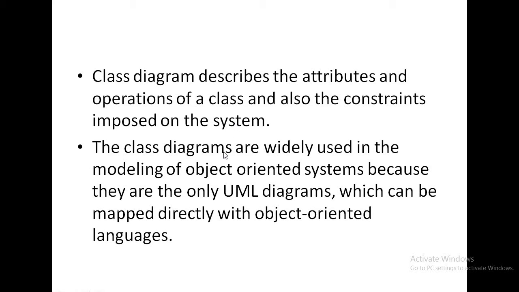The class diagrams are widely used in the modeling of object-oriented systems because they are the only UML diagram, UML meaning Unified Modeling Language, which can be mapped directly with object-oriented languages.